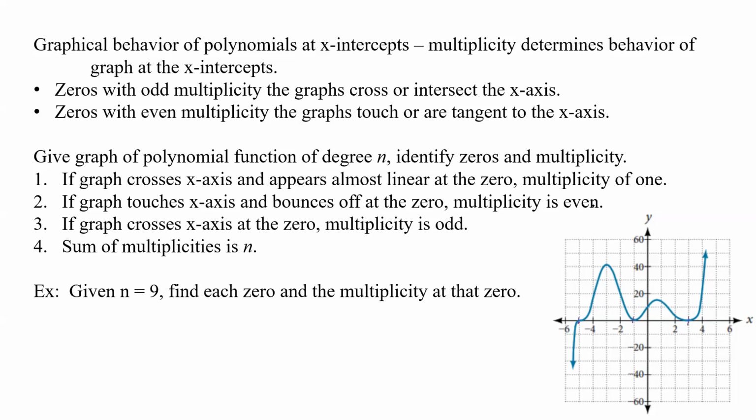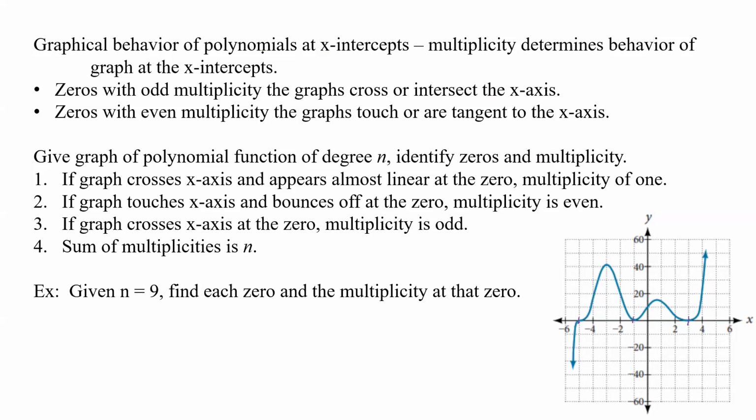So that's what we're talking about when we're either crossing or we're just touching or tangent. Now, to be a little more specific, if we're given the graph of a polynomial function and we know the degree of it, so it's some n, this is kind of the example here. If this has a degree of n for this graph down here, we can identify the zeros from the graph, and we can also determine what the multiplicity is.